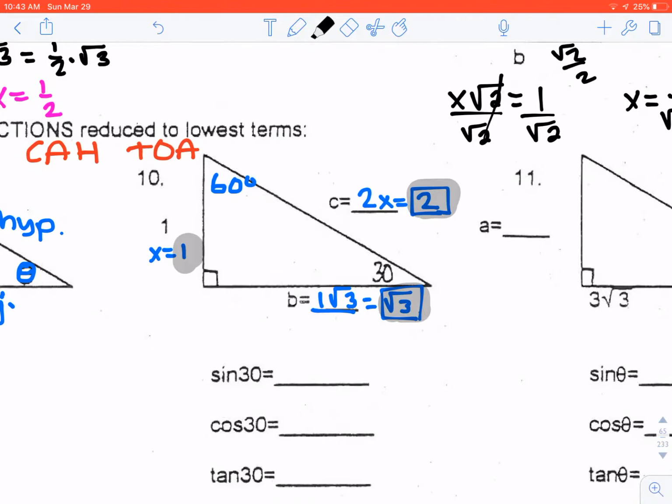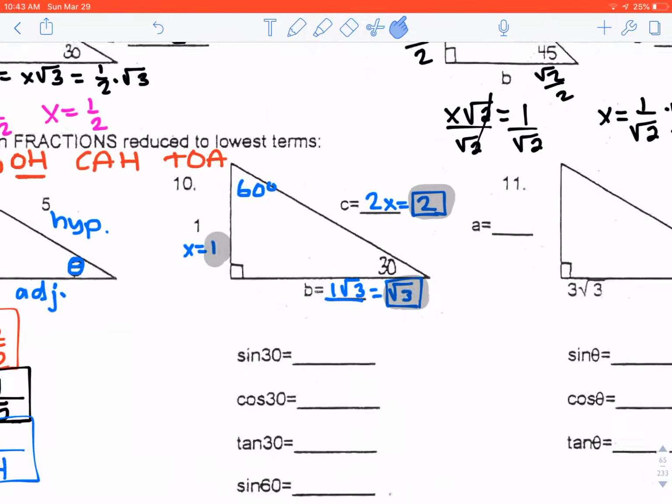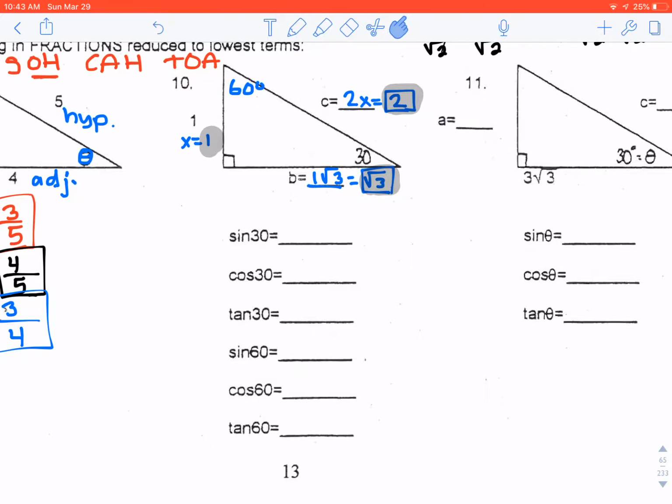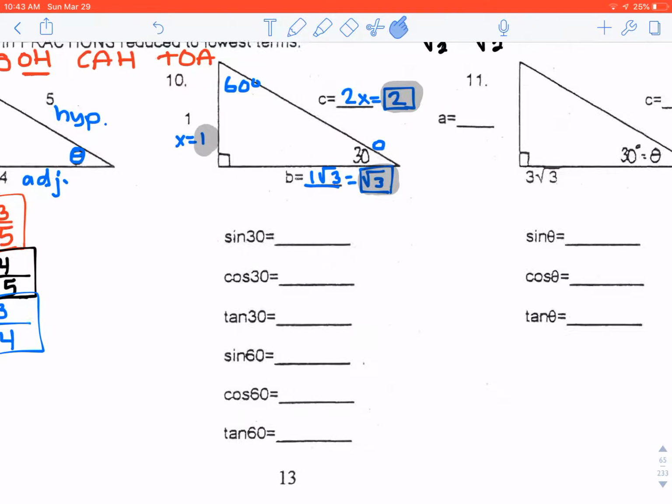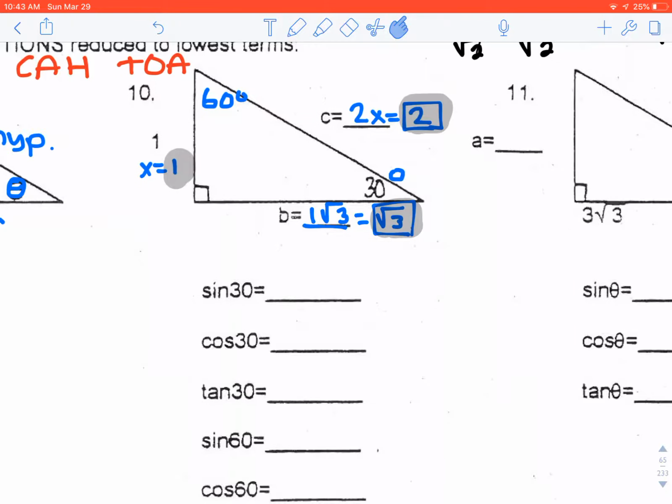All right, now we want to pay attention to the degree that they're giving us here because that's important. Okay, so I'm going to put our degree on 30. So we're finding the sine of 30 degrees.